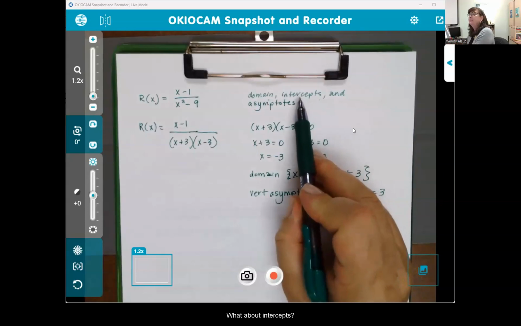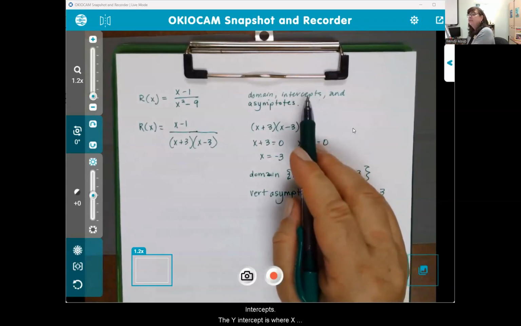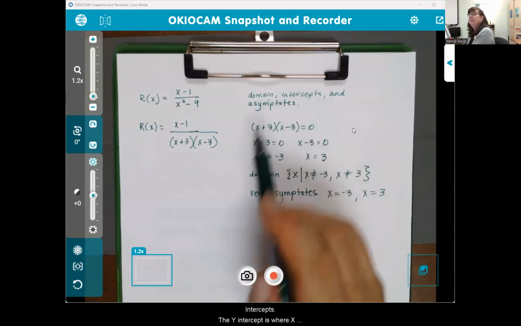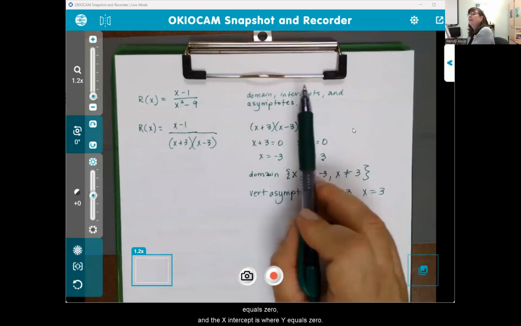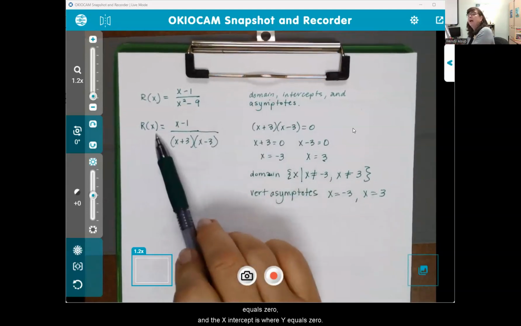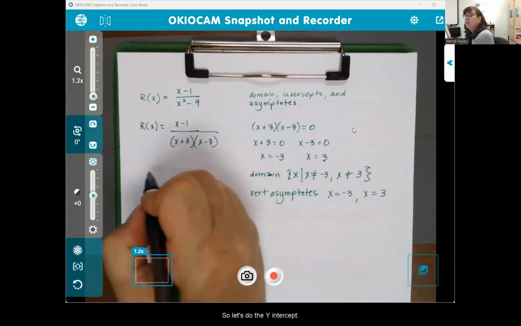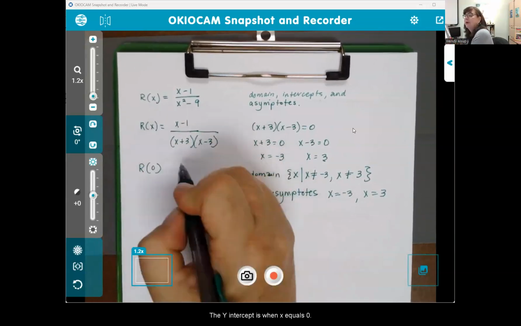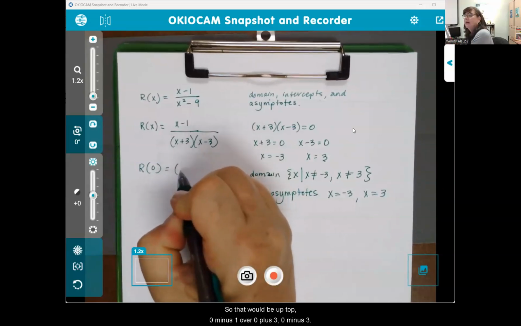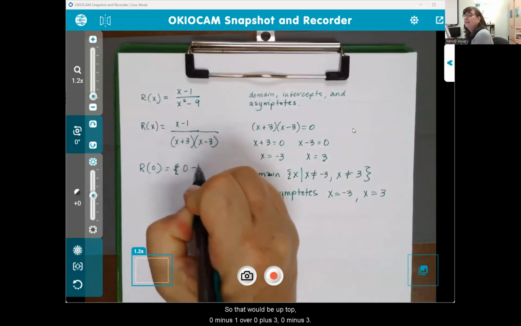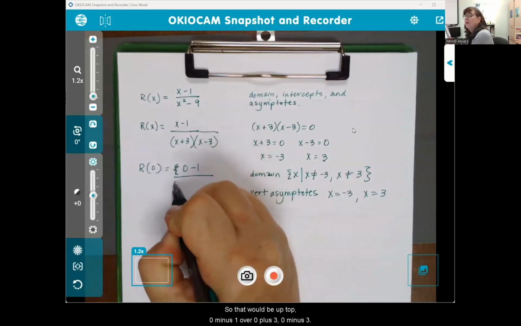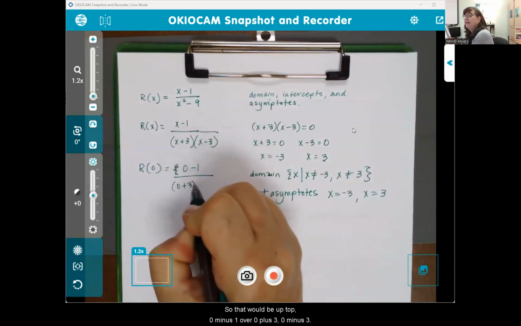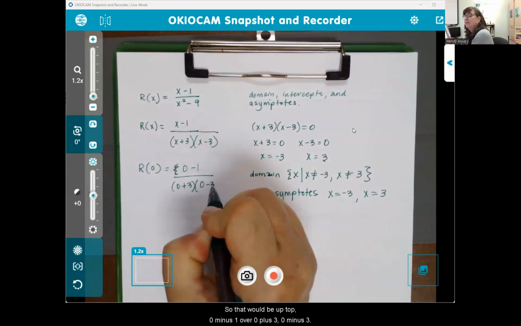What about intercepts? What are intercepts? The y-intercept is where x equals 0, and the x-intercept is where y equals 0. So let's do the y-intercept. The y-intercept is when x equals 0. So that would be up top 0 minus 1 over 0 plus 3, 0 minus 3.